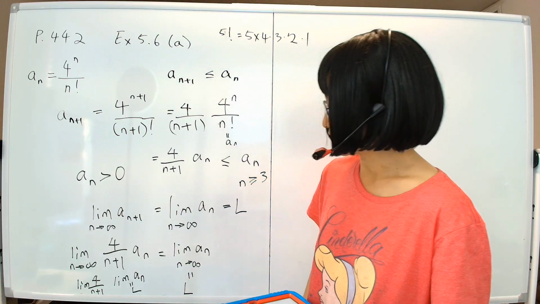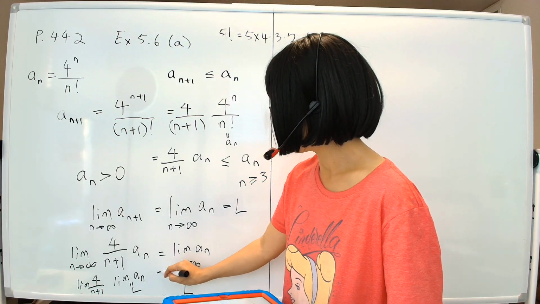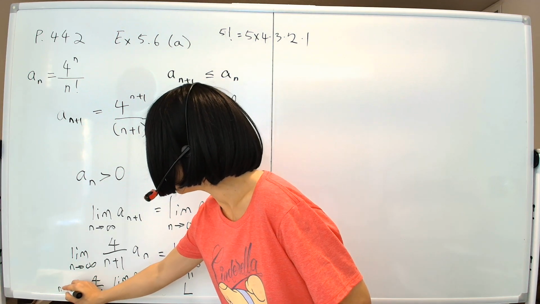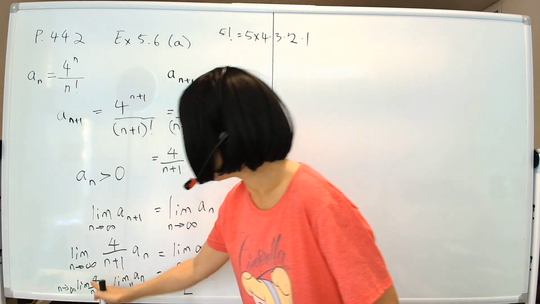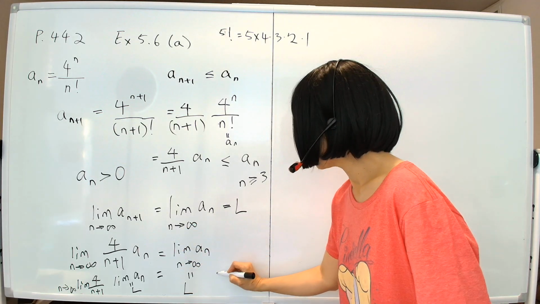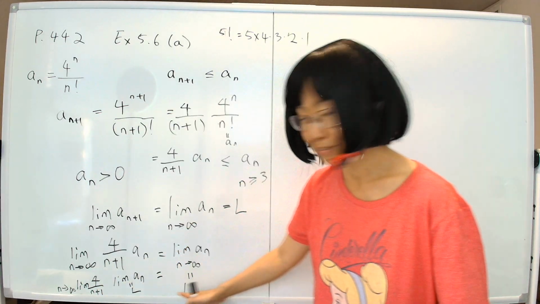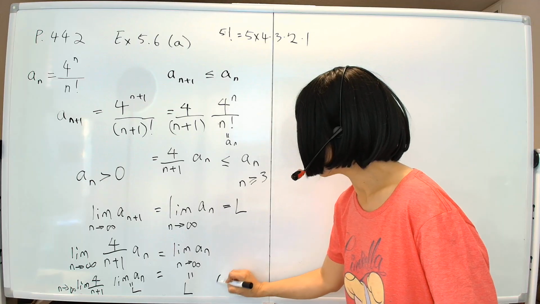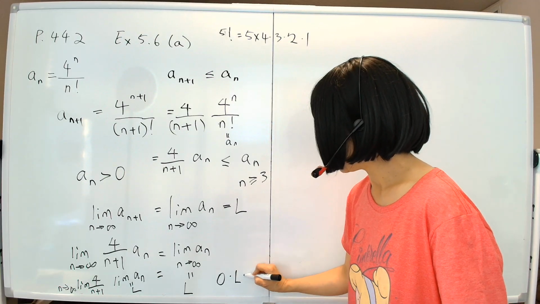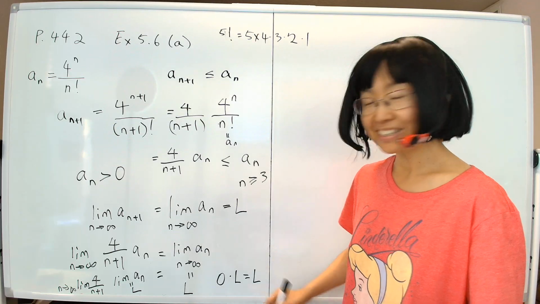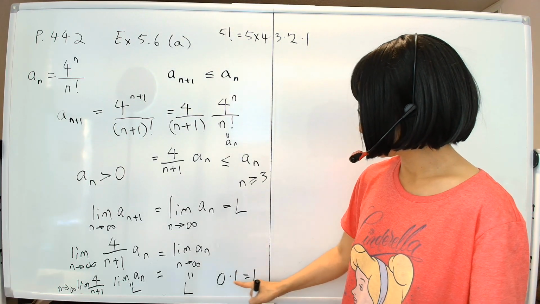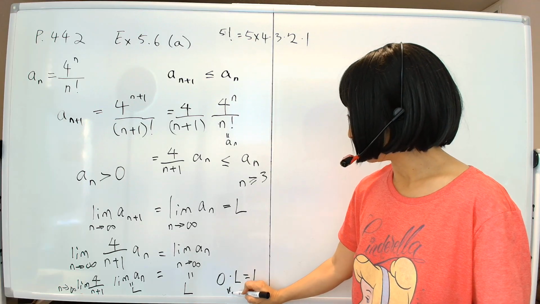What does that mean? The limit as n approaches infinity of 4 over n plus 1 is 0. So rewriting this, we get 0 times L equals L. This equation shows that L equals 0, because 0 times L is 0.